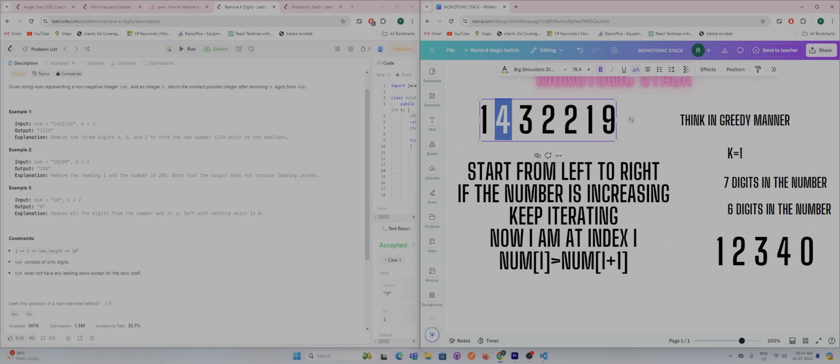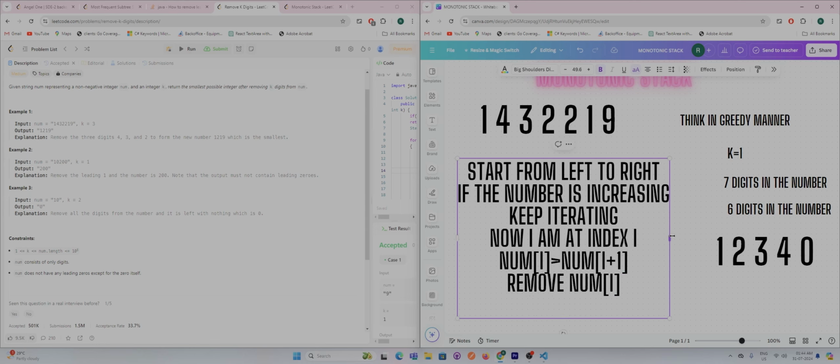Then 1 takes the first place, 3 takes the second place. Think of it, everyone's at a win-win, and the rest of the digits stay the same, and I have created an impact at the top. So if num[i] is greater than num[i+1], remove num[i]. Basically if k is 1, this is how this works. I'm going to remove that number.